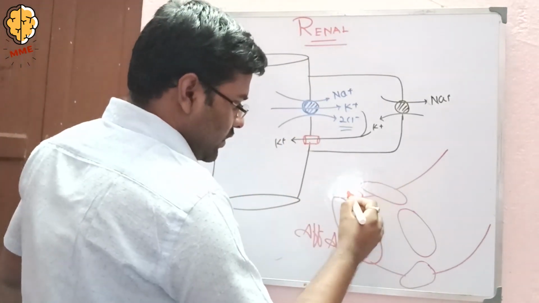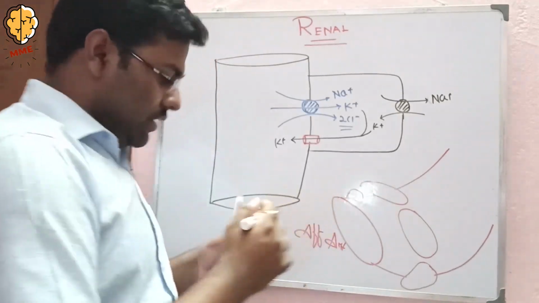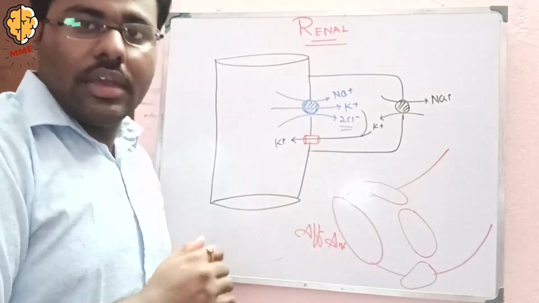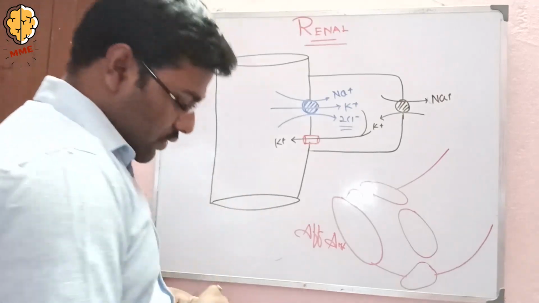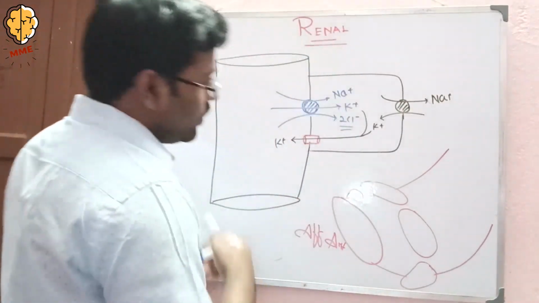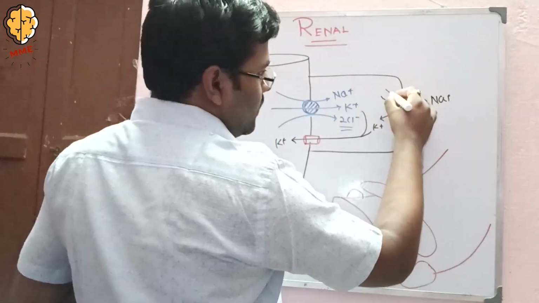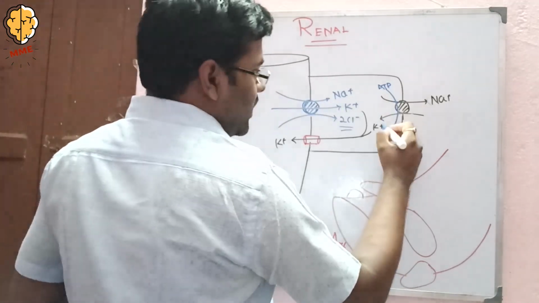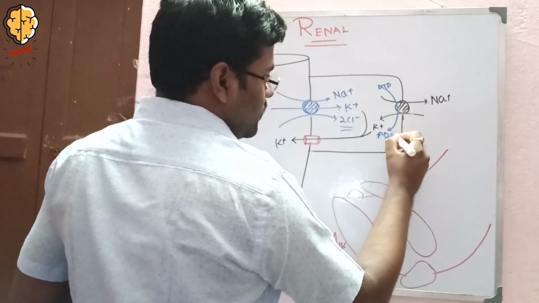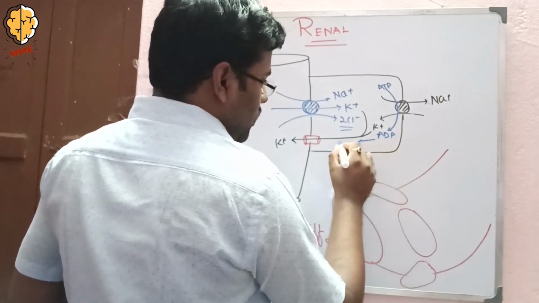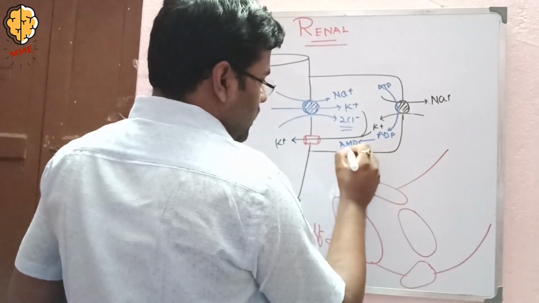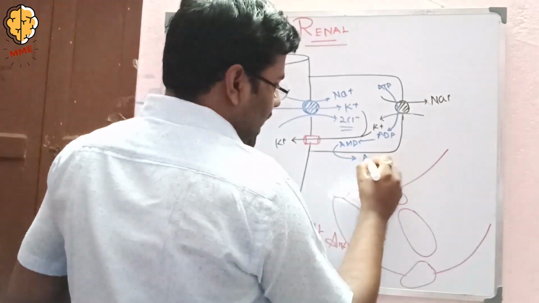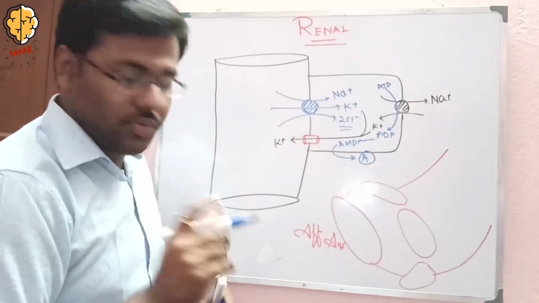If the afferent arteriole constricts, then the GFR will decrease and our urine production decreases. In this pump, the ATP gets converted into ADP, ADP gets converted into AMP, and AMP gets converted into adenosine.